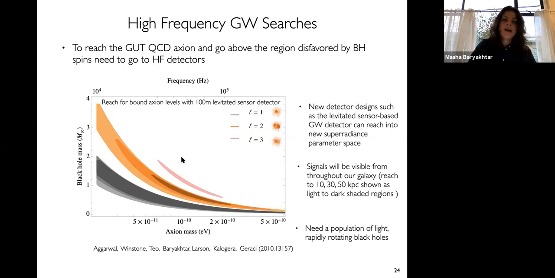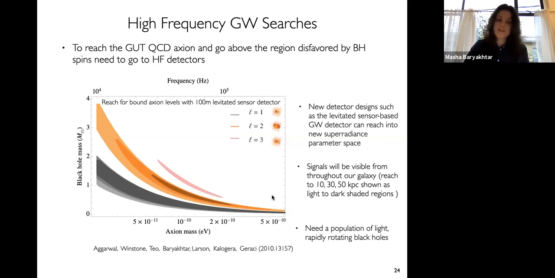To finish, we did this study with some of the organizers and participants of this workshop to see what kinds of masses of axions you could reach with higher frequency gravitational wave detection. If you have a new detector like the levitated sensor detector that was described in this paper, and George presented, I think, earlier today, you could reach axion masses as high as potentially a few times 10 to the minus 10.